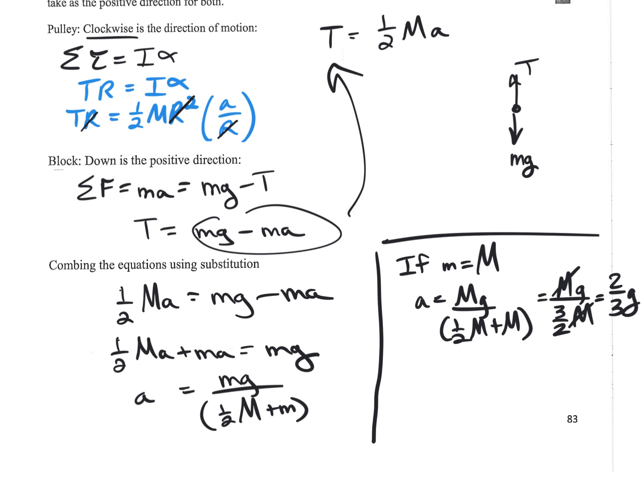I wanted to show you that because it really shows that the block falls slower when the pulley is turning, because the pulley is taking some of the energy. The turning of the pulley is actually reducing how fast that mass falls.